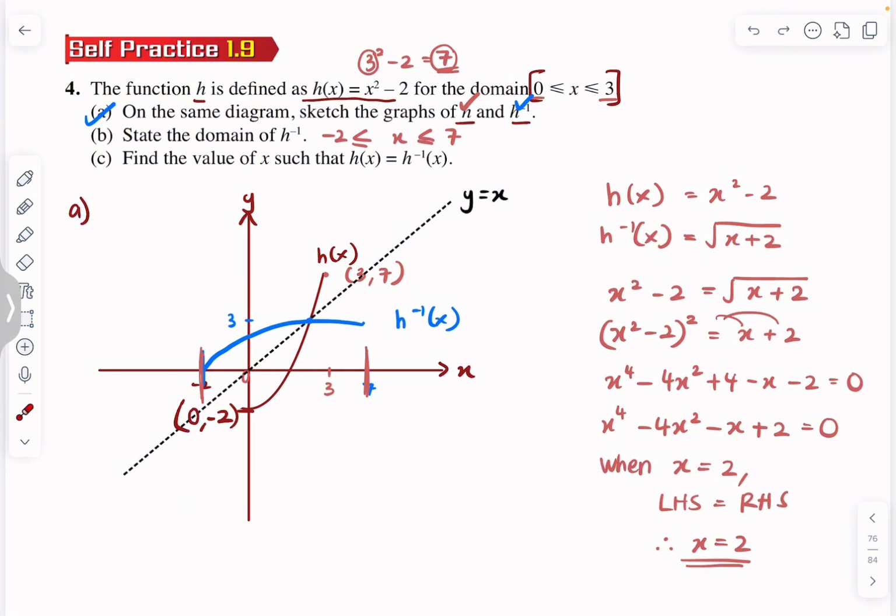So you just have to do trial and error. You try to use whatever you have here. So you can sub between 0 and 3. Most likely the numbers will be between 0 and 3. So we try 2, we got it. So that's the answer. And that's about it. That's the only value of x that intersects h(x) and h inverse x. Done.